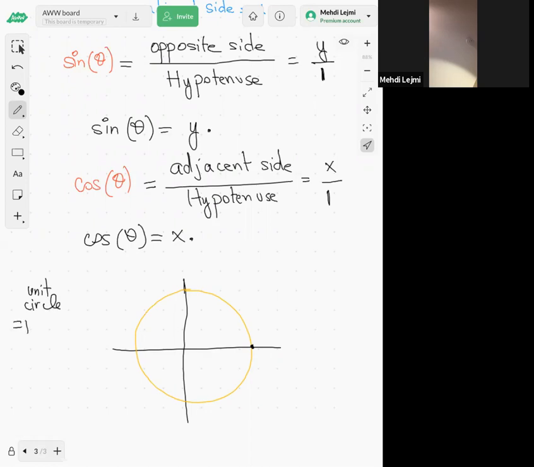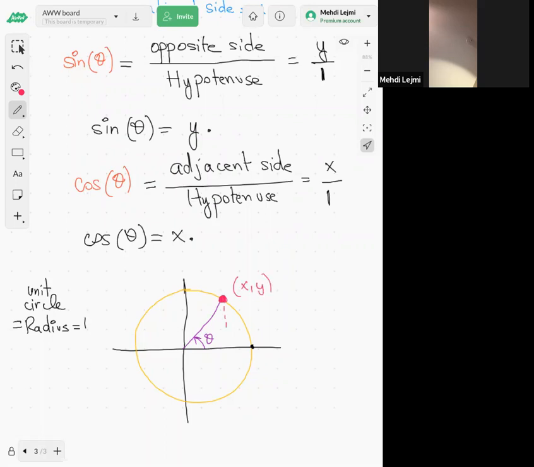If you take an angle theta, for example this angle here, this is theta, and you have this point of coordinates x, y, right?